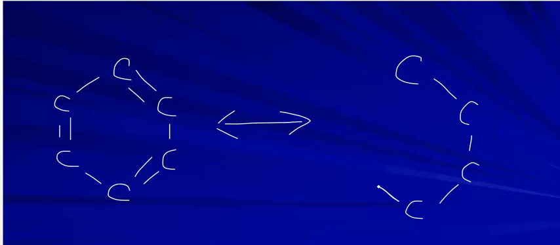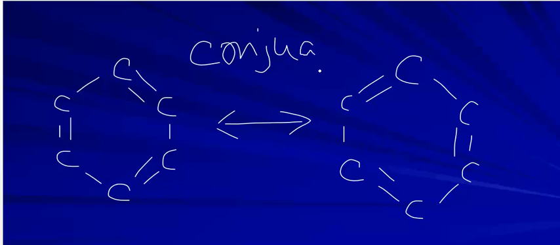Now, if I move one double bond, I move all double bonds. So a resonance structure would look like this. I moved all 3 double bonds. So this does exhibit resonance, moving pi electrons to give me identical structures, but this is also called a conjugated system because the single and double bonds alternate.